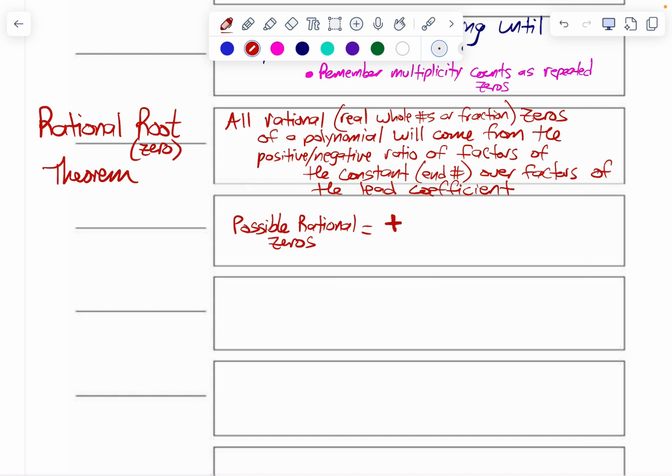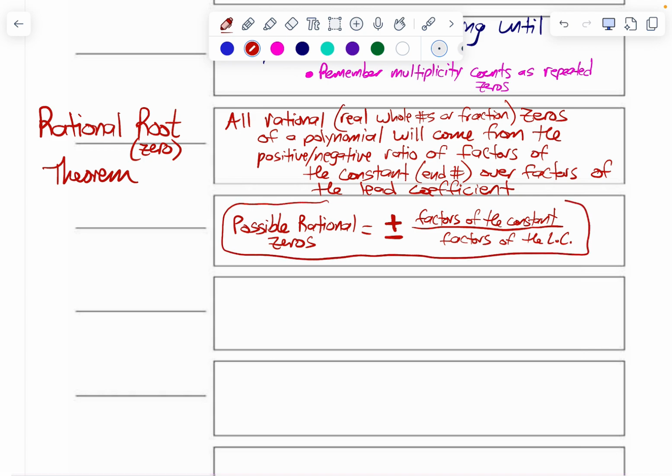Okay, always write your positive and negative out front, and then create a ratio, which is just a fraction. And we're going to say factors of the constant over factors of the LC, lead coefficient. So as a sort of little formula, that's what it would look like.